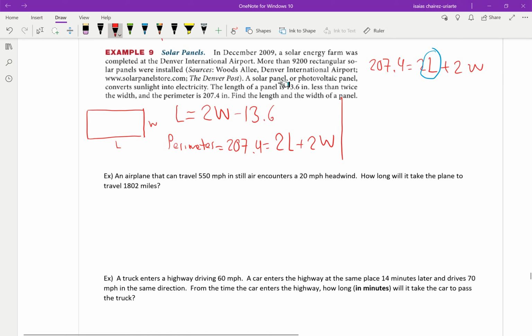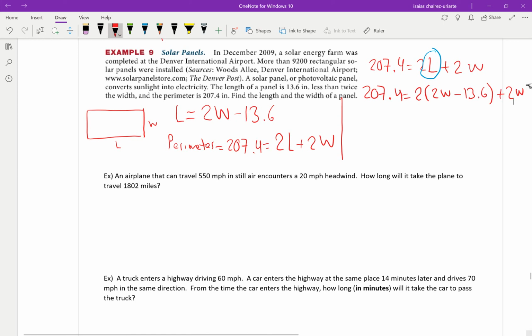So then my equation looks like this: 207.4 equals 2 times (2W minus 13.6) plus 2W. That's called a substitution. I substituted L with this other equivalent expression of it, 2W minus 13.6.